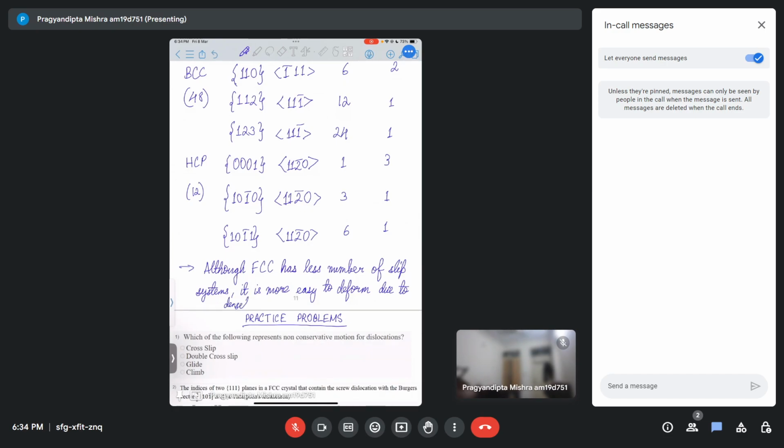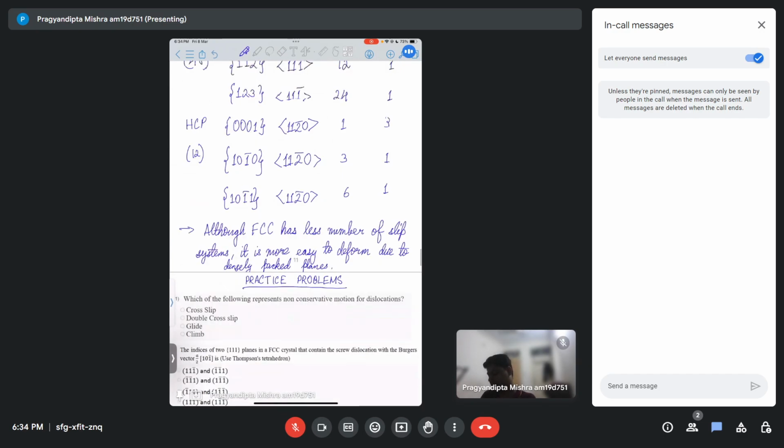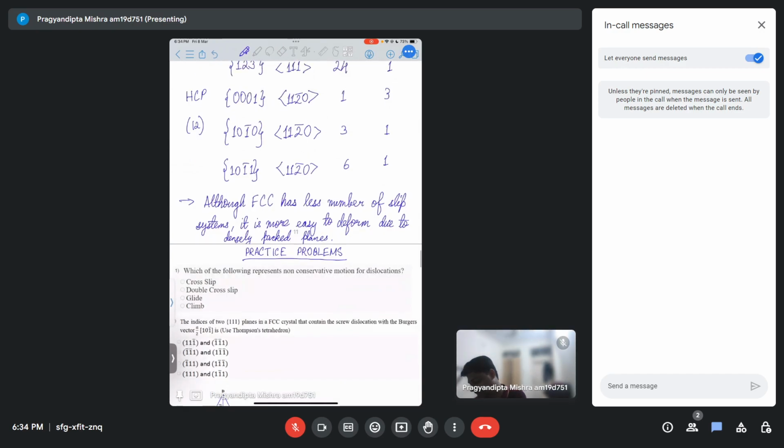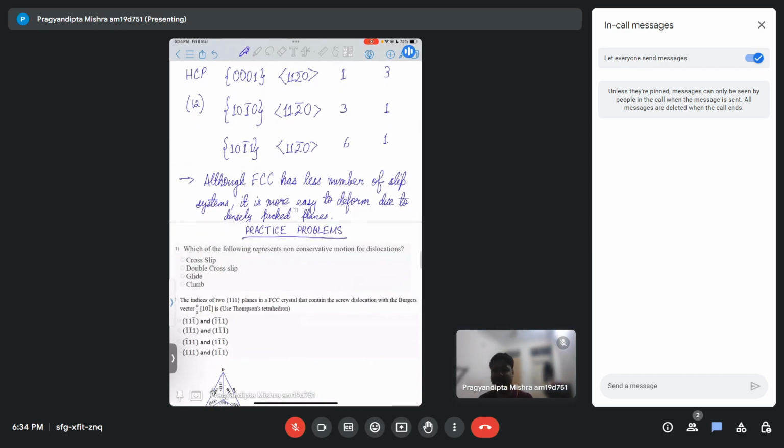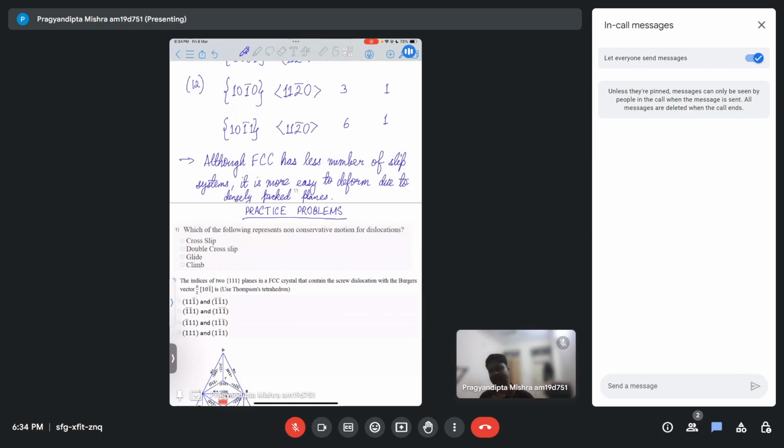Therefore, it is easier to deform. So although FCC has fewer slip systems, it is easier to deform due to dense packing. This is not something that is going to come in the exam, but just for your knowledge, you can remember this.